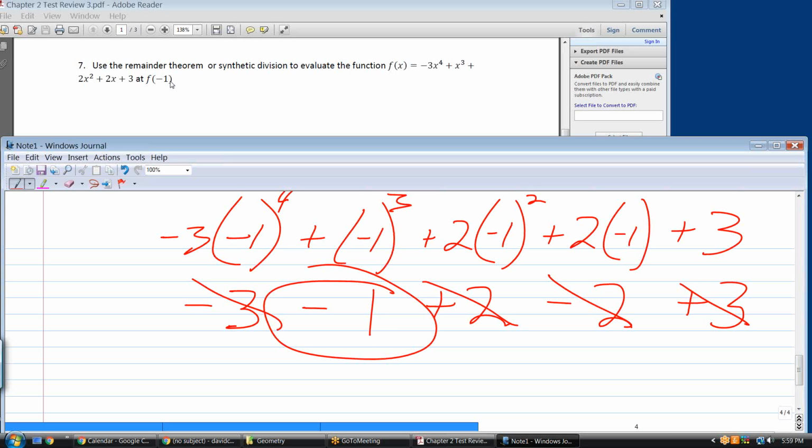And it looks like it was the remainder we got, because if we'd gotten a 0, then you could say that f of minus 1 is equal to 0, and that would be true. But in this case, it's always equal to whatever is in that last box. Huh, interesting. Okay.